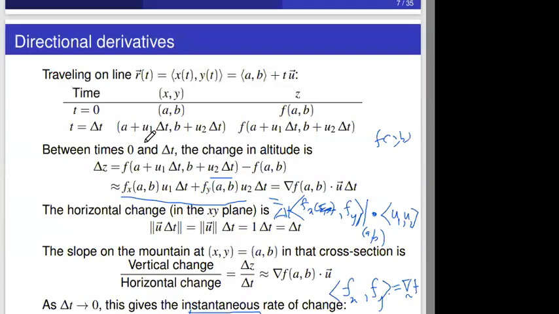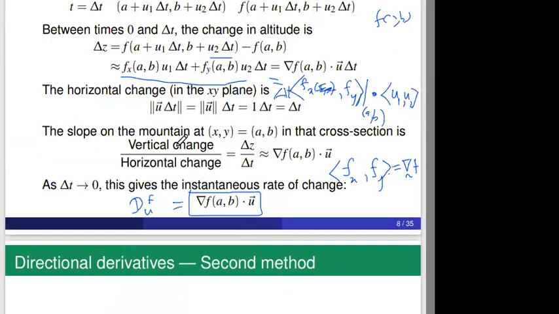This is the proof of that. I think you better remember this: directional derivative is the gradient of f evaluated at the point dotted with the direction u. This direction u must be a unit vector.